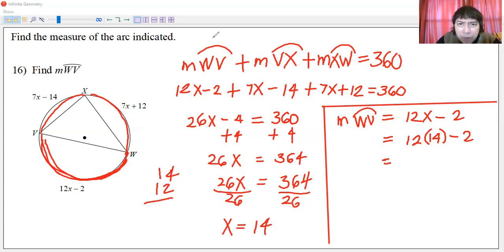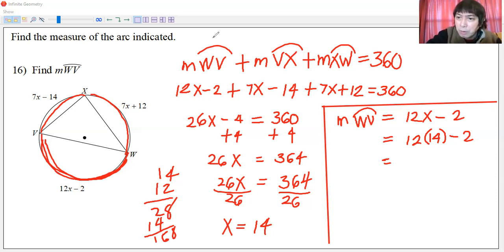Let me do a little review there. 364 by 26, yeah, that looks correct. But then, 12 times 14 is only 168.